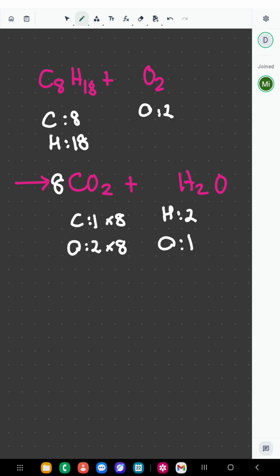Okay, start with carbon. 18? 9, yeah. 9, and you got also 9.